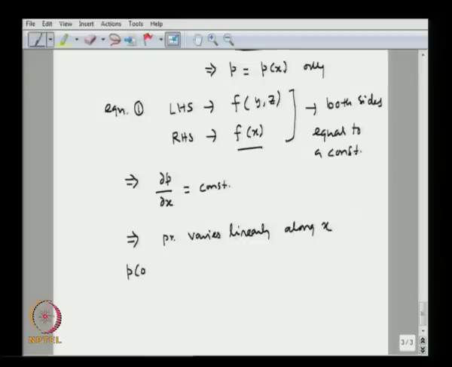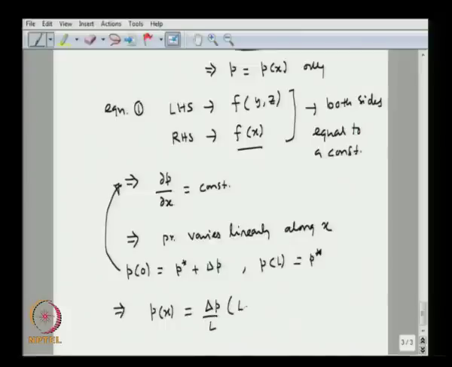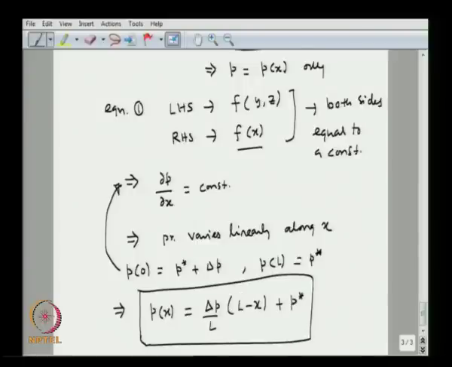P at 0 is going to be P star plus delta P and P at L is going to be P star. So, if you apply that to this equation, where del p over del x is constant, what we get is P of x is going to be delta P over L into L minus x plus P star. Okay. So, this satisfies both these boundary conditions.